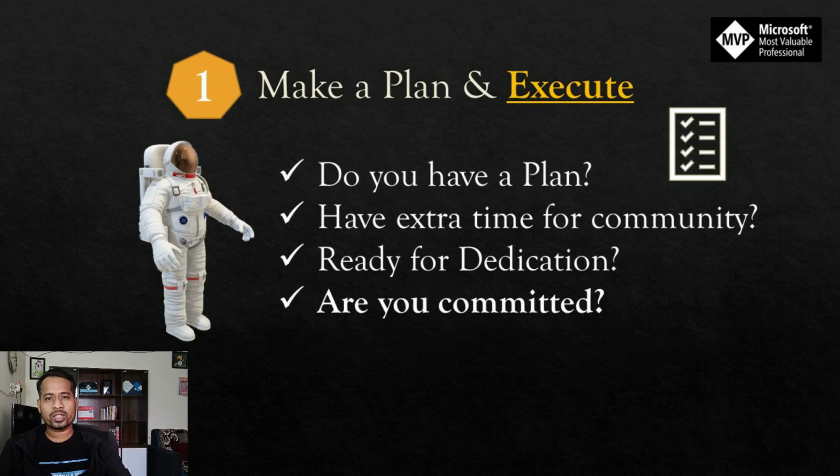You are working somewhere as a consultant. You are an employee somewhere, right? So out of that 9 to 8 hours, how much time you can give to the community, whether it is weekend, whether it is Saturday or Sunday, that matters a lot. So ask yourself, if you can give time, then proceed further. The first thing you have to contribute is start your blog.